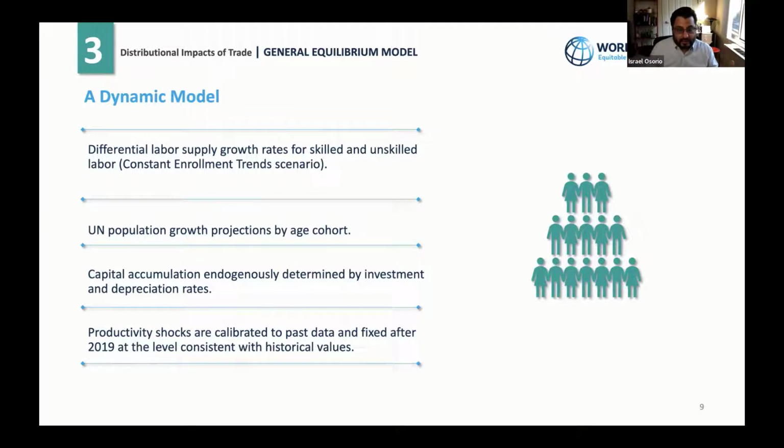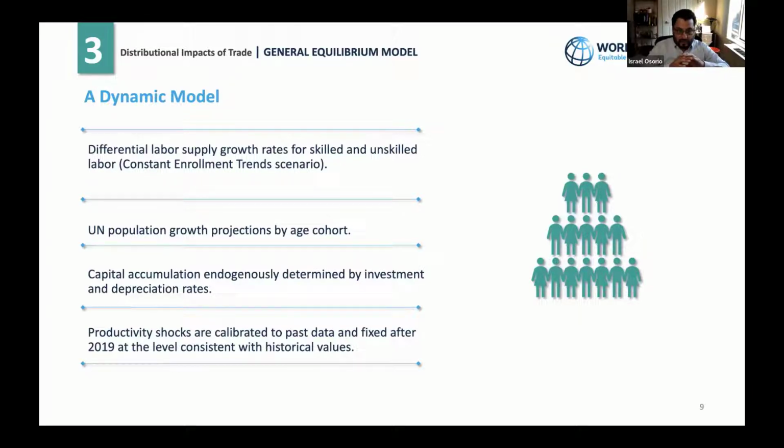So in a global model, this is very important. As more skilled jobs are being created in Africa, that changes the comparative advantage of the African countries vis-a-vis other countries in the world. So for us, that is very important.